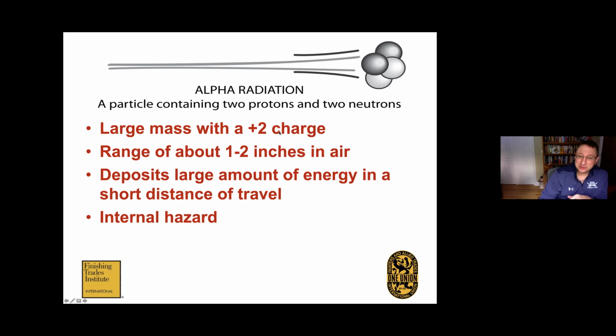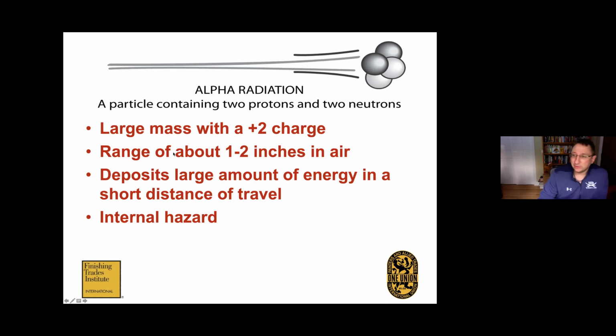It has a +2 charge, and that's one of the reasons it's so damaging when it gets inside our body, because that +2 charge likes negative charges. So it strips electrons from our cells, from our DNA, from our RNA, from our cell material, because it's pretty strong. And things like to be neutral. Things don't want to walk around in our body with a +2 charge. It wants to be neutral.